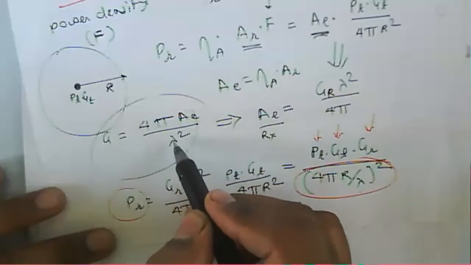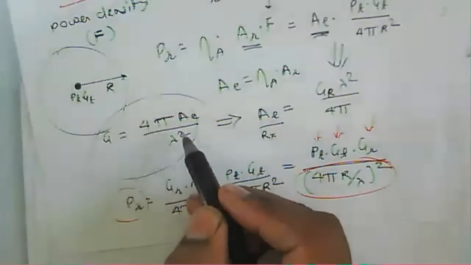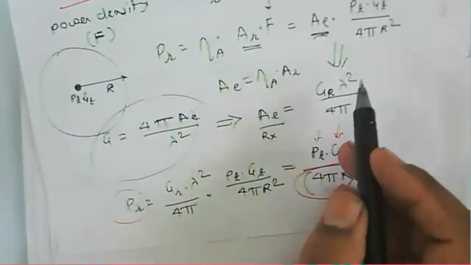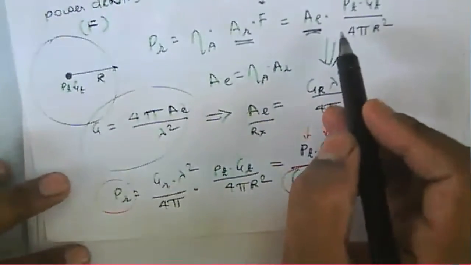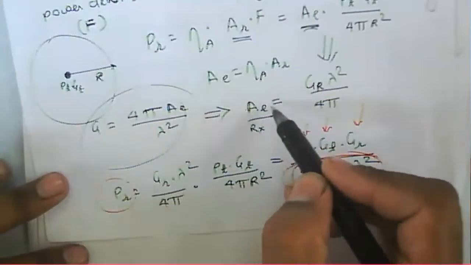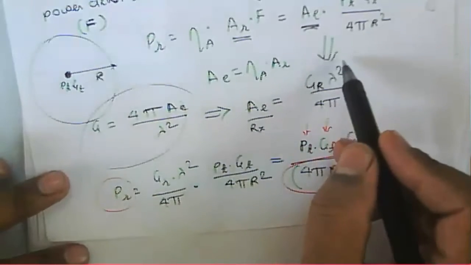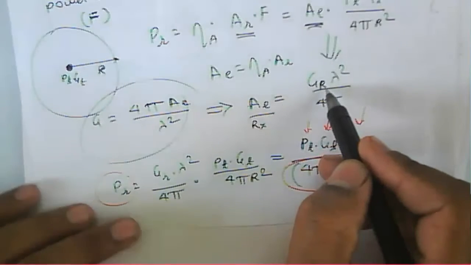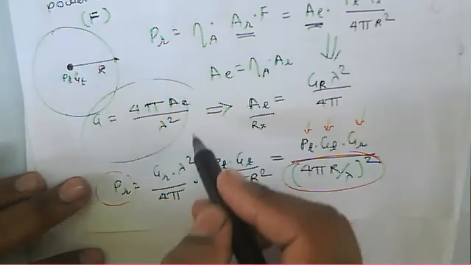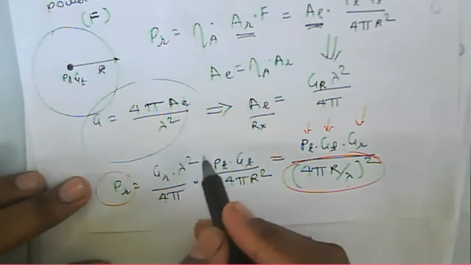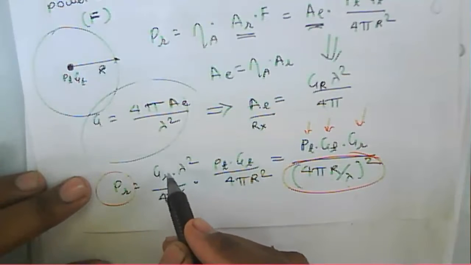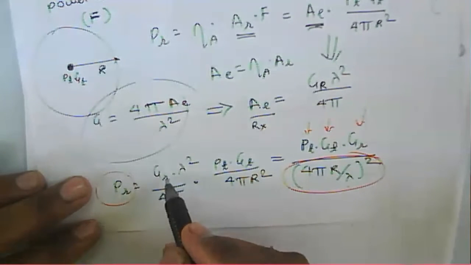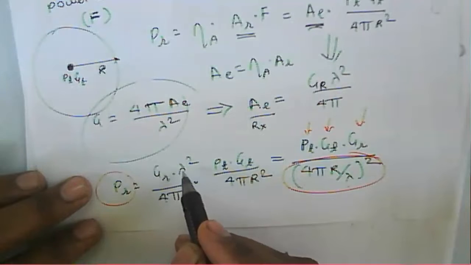If you rewrite the term for the effective area, we'll have the effective area equation with respect to the received antenna gain. So put that term here, and that becomes the receiving antenna gain, and then we have this lambda term here.